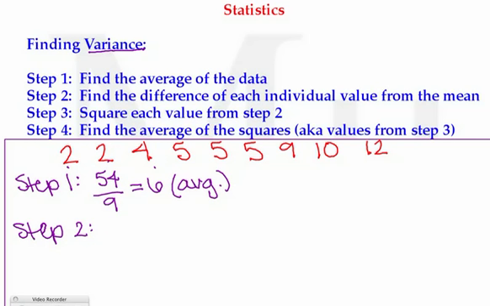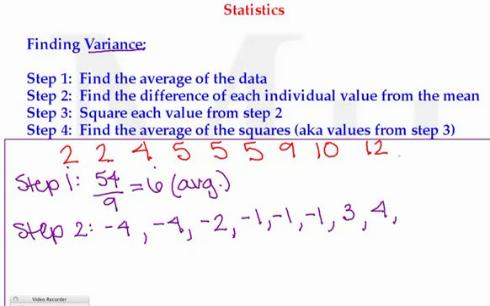Then 4 is smaller, so we subtract 4 minus 6, which is -2. And we keep going, 5 to 6, so we'll have 3 negative ones in a row. Then we do 9 minus 6, which is 3, 10 minus 6, which is 4, and 12 minus 6, which is 6. So all of these are how far apart each one is.